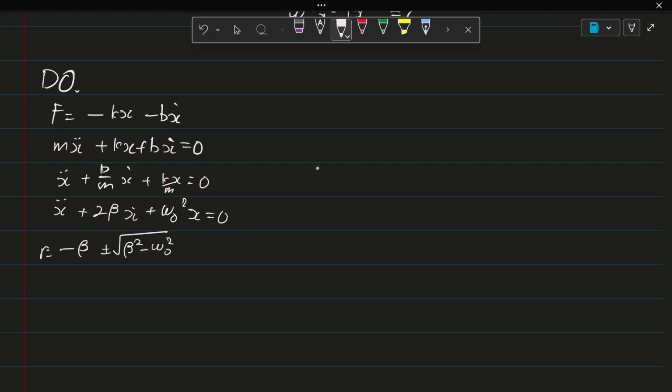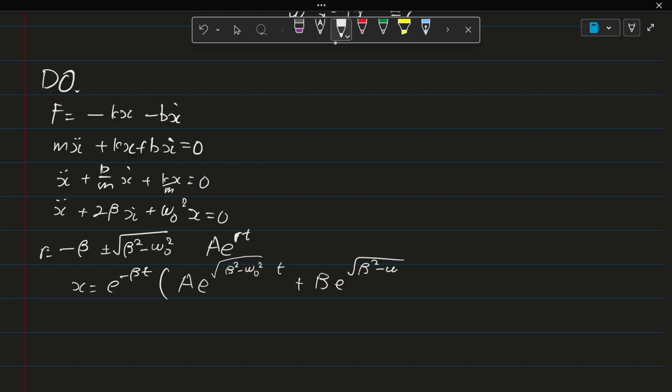And this will later correspond to the positive root and the negative root. And so these roots will correspond to a solution A e to the power of rt. So you could get the final solution to be e to the power negative beta t times A e to the power of the square root of beta squared minus omega 0 squared t plus B e to the negative square root of beta squared minus omega 0 squared t. And this is basically the general solution.